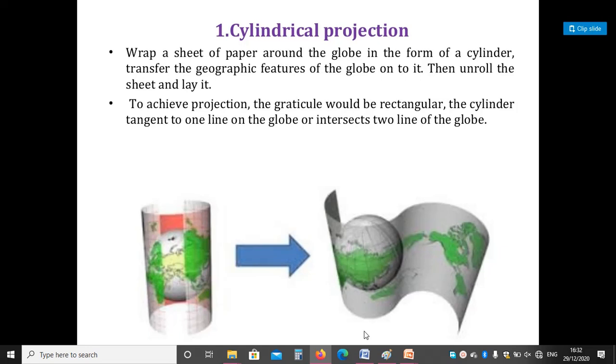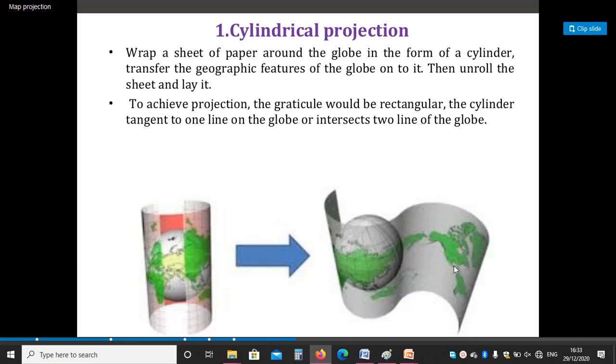See here, wrap a sheet of paper around the globe in the form of a cylinder. Transfer the geographical features of the globe onto it. Then unroll the sheet and lay it flat. If you cover the paper around the globe and then remove it, you will get the projection.